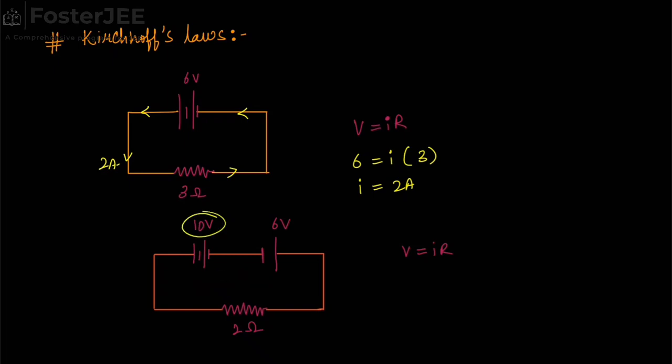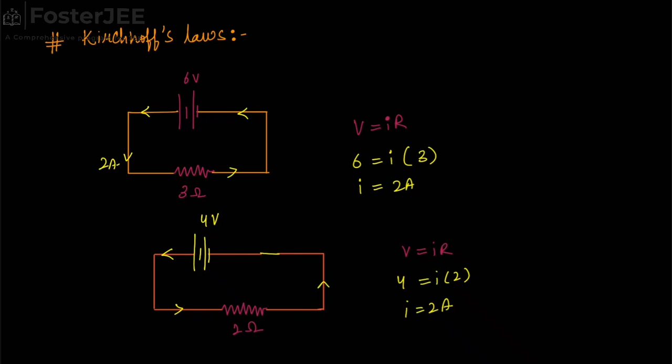Now, why minus? Because they are oppositely oriented. This will tend to send charge in this direction and this will tend to send charge in this direction. So the net of the two, that is 10 minus 6, will be 4 volts, and this is a simple wire. So here we can write 4 equals I times 2, which gives I equals 2 ampere. So 2 ampere will flow like this.